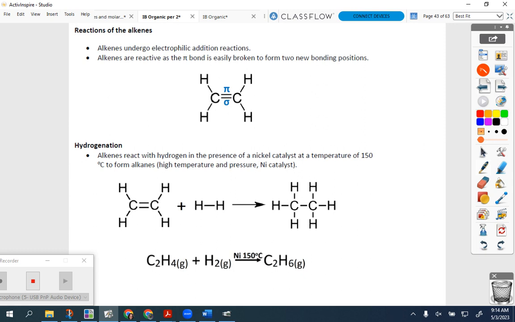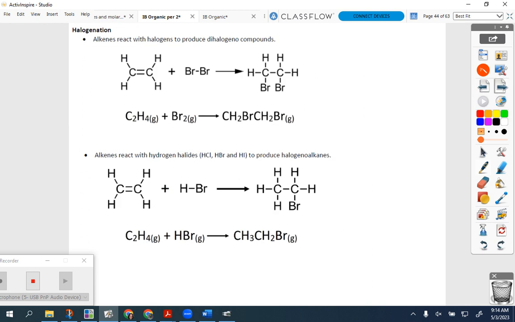So hydrogenation is breaking that double bond and adding the hydrogens, turning it into an alkane, or adding 2 halogens or adding a hydrogen and a halogen. That's the addition reaction that benzene doesn't do, because that would involve breaking a double bond. Benzene doesn't really have a double bond in isolation to break. It's got the aromatic ring that's sort of self-reinforcing.